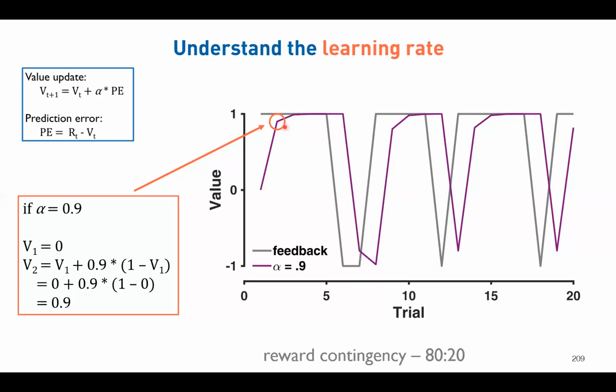The purple line is the expectation of the participants. The participant is learning from feedback, and the expectation more or less follows the true structure of the task. So you see how the model works, and it is really powerful at resembling the task structure when the participants are learning and making decisions. Okay, good.